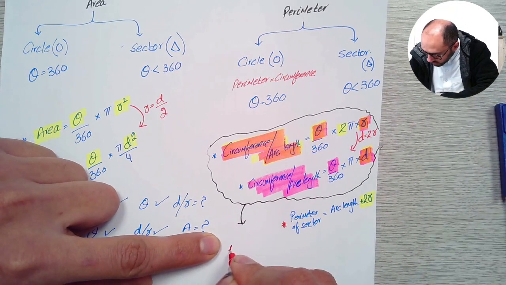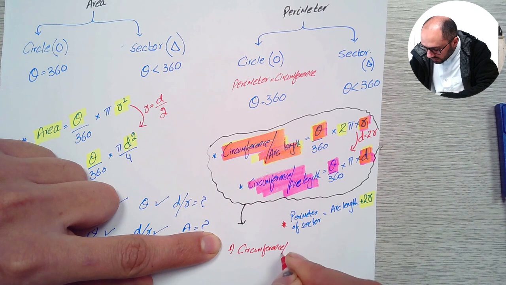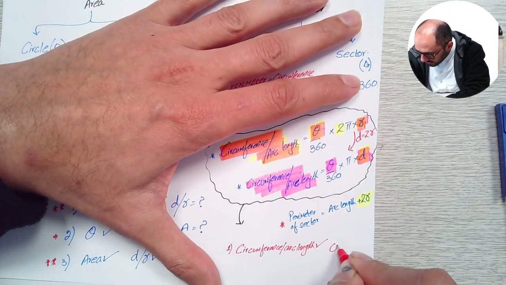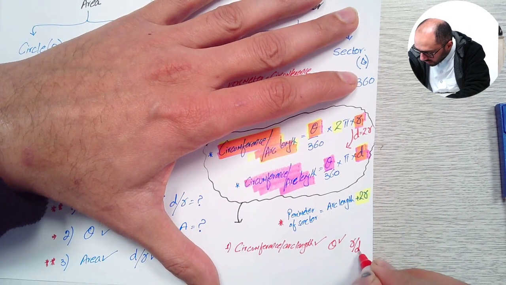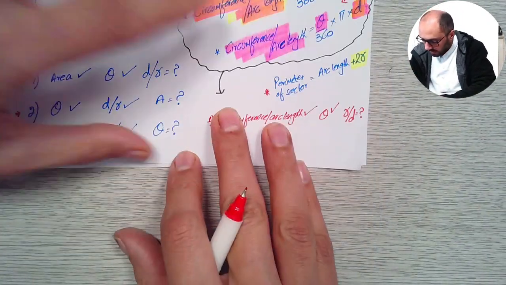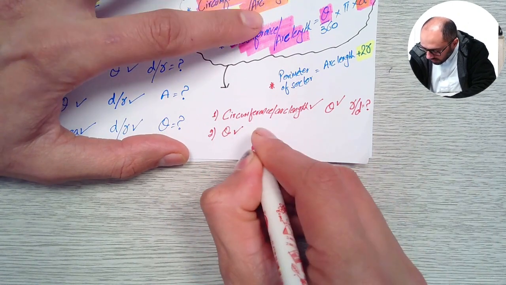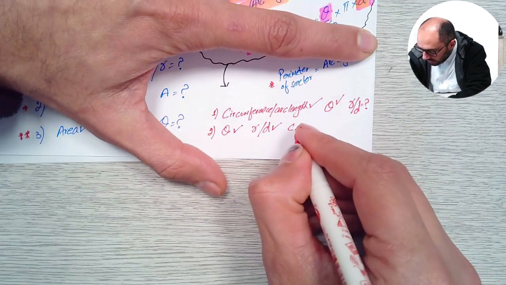Type 1 questions will be where they'll give you the circumference slash arc length. This is known. I can say angle is known, radius or the diameter will need to be calculated. That's my type 1. In type 2, they'll give you the angle will be known, radius or the diameter will be known, and the circumference or arc length will need to be calculated.